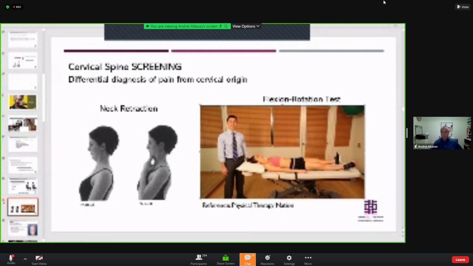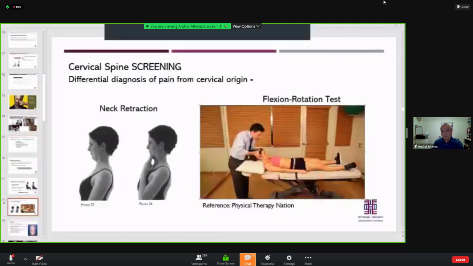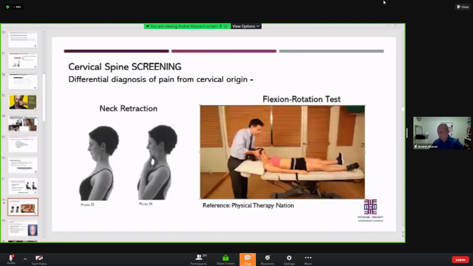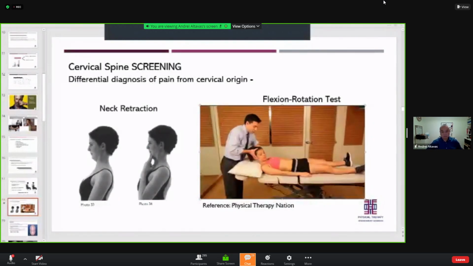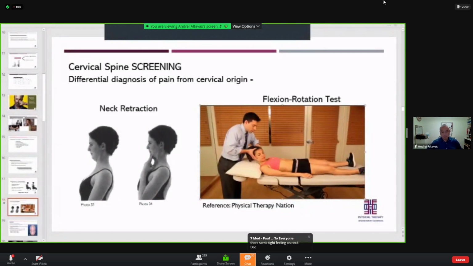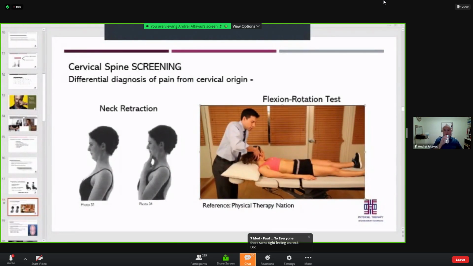This is the flexion rotation test used to identify movement dysfunction, the C12. The patient's supine, flex their lower cervical spine, and then flex their upper cervical spine. Maintain full flexion, rotate the patient's head to one direction, rotate the patient's head to the other direction.